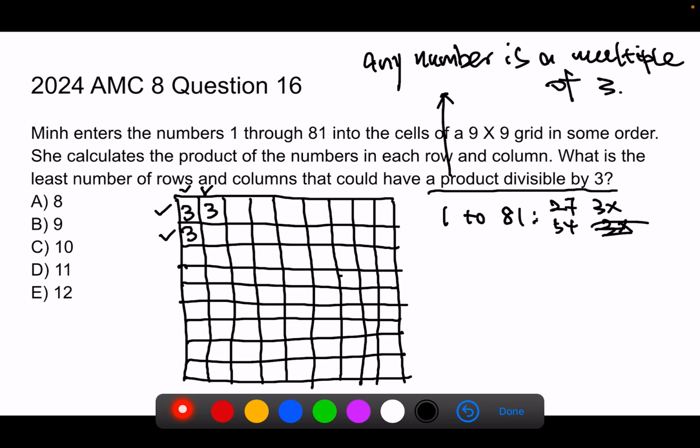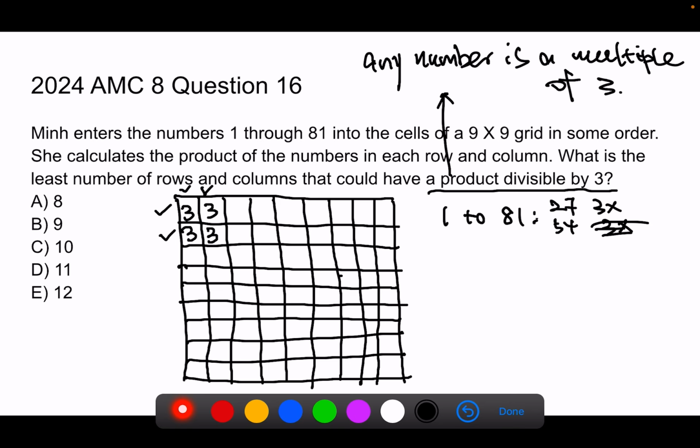The next one, you have to figure it out. Where would you put the fourth multiple of 3? I'll give you a hint. There is a way to put it somewhere so that you don't increase the number of rows or columns divisible by 3. Yes, you complete a square.